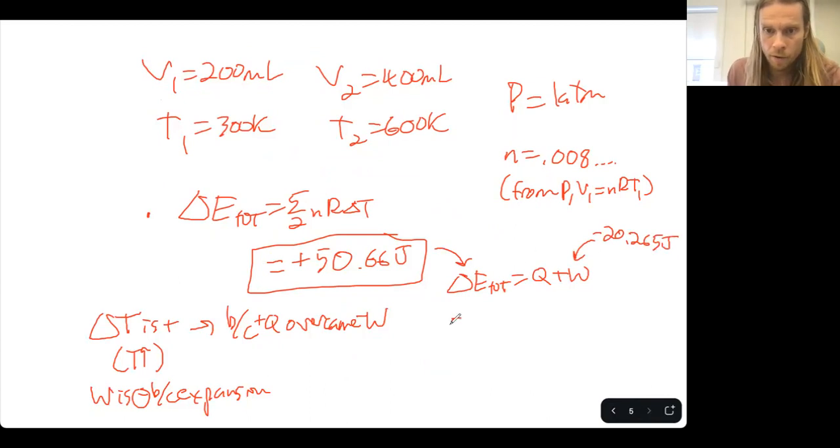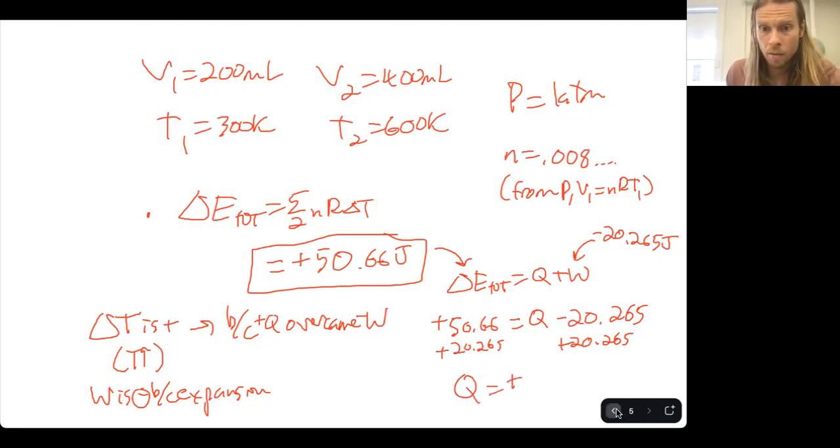And we get that 50.66. Please, guys, be careful with positives and negatives. So I add 20.265 to both sides. And indeed, Q is a much more positive number, which is positive 70.925 joules.